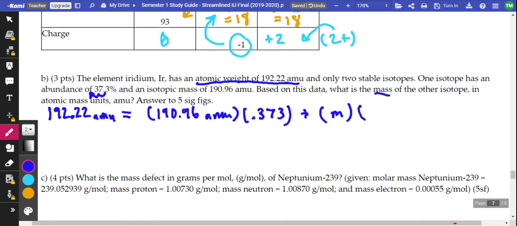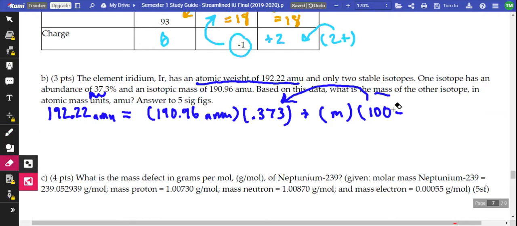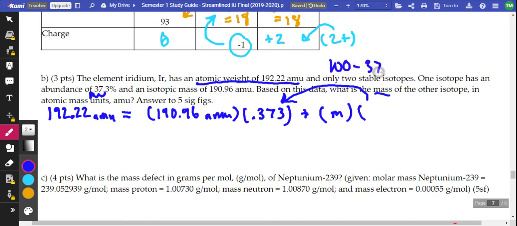So if I take 100 minus that percentage, let me do it outside of the problem for a second. 100 minus 37.3, that'll give me my percentage, which I can then change into a decimal. So 100 minus 37.3 is 62.7. So this other isotope is 62.7% abundant.